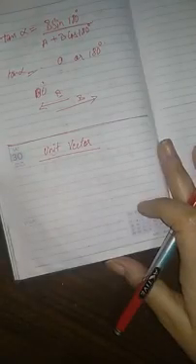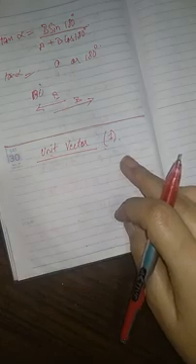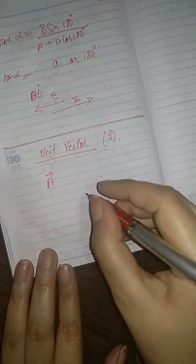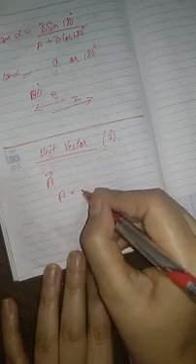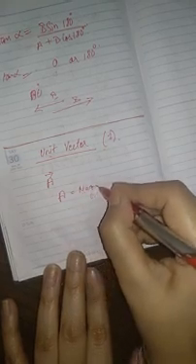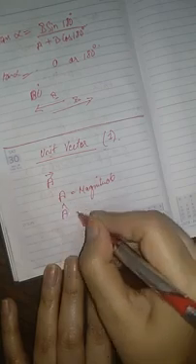Another important topic is unit vector. A vector whose magnitude is unity, or 1, is called a unit vector. Suppose we consider a vector a. A is the magnitude, and the direction is represented by a cap.